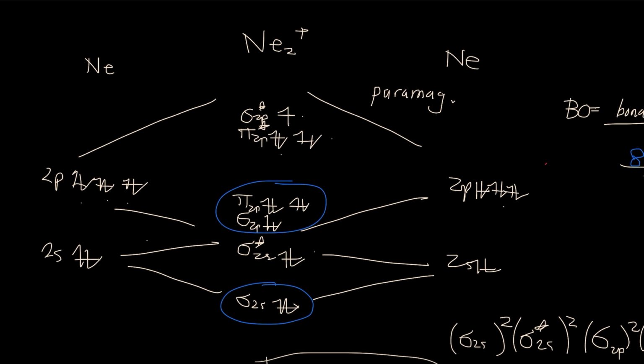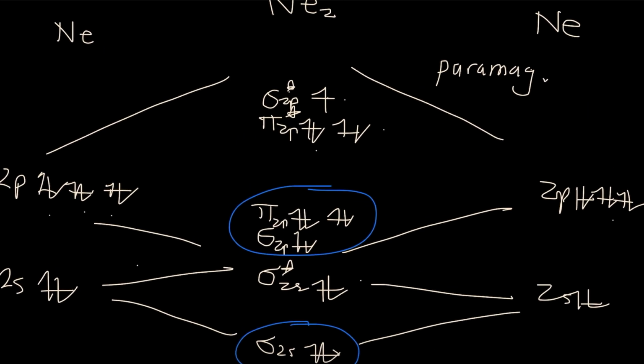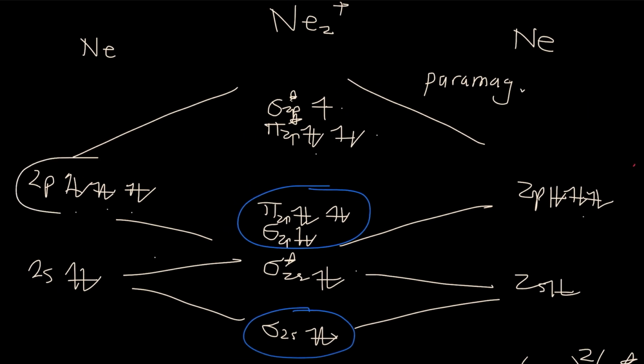One more question that they can also ask you is the first ionization energy. Which one has the greatest first ionization energy, neon or neon diatomic plus? Well, how you interpret this is you look at their valence orbital diagrams.